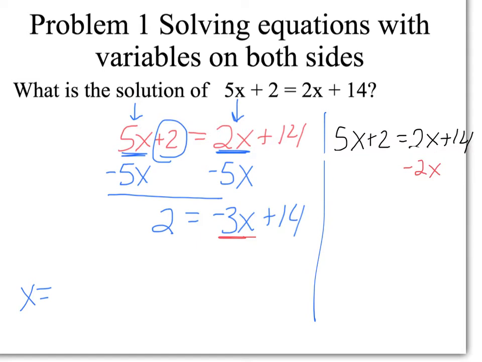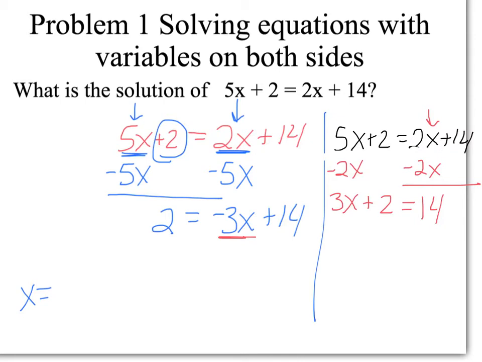I'm just underlining them to point them out. So over here, 2x minus 2x, that's 0x. So that completely cancels out, and all I'm left with is 14. And then on the left side, 5x minus 2x is 3x, and then just drop down the plus 2. You're going to get the same answer either way, but I always like to avoid negatives if possible.